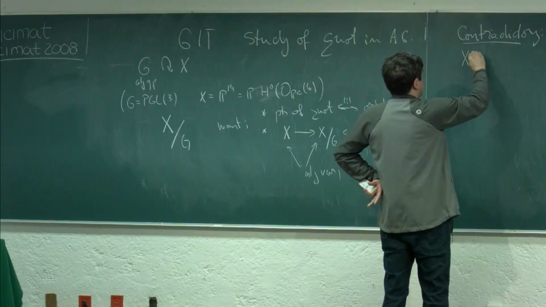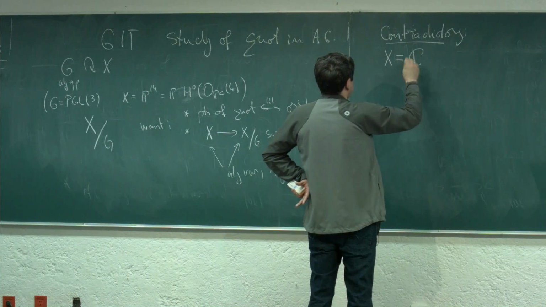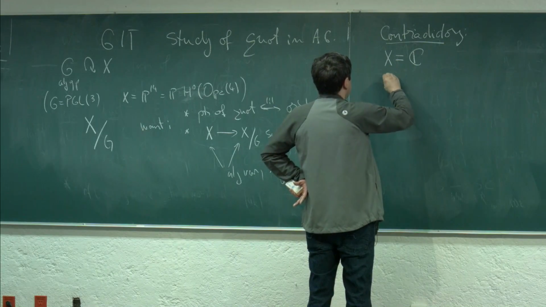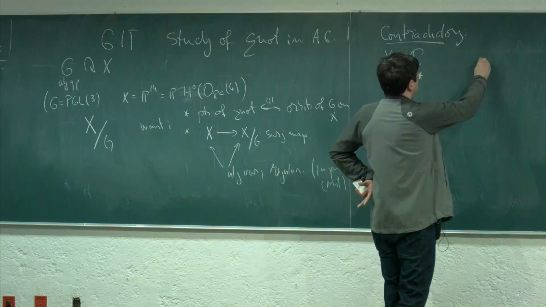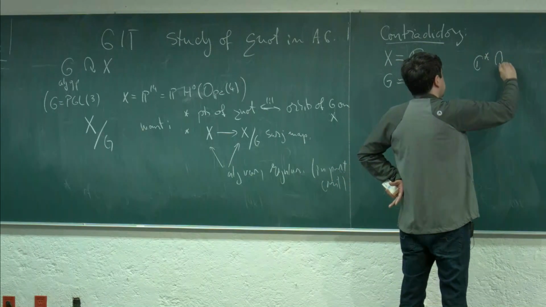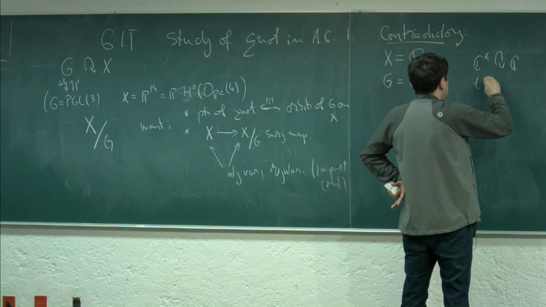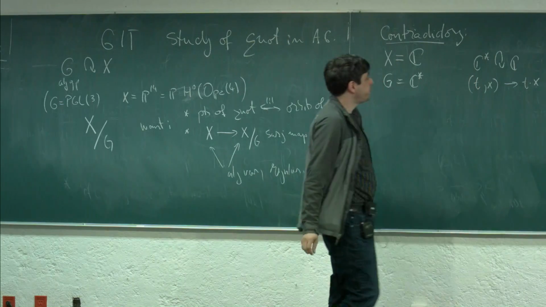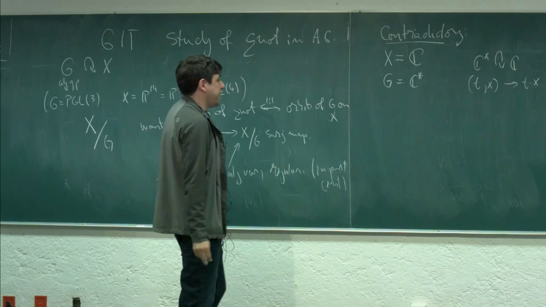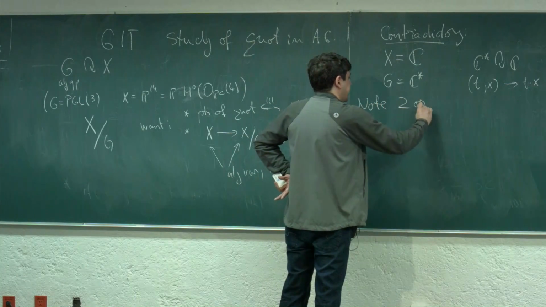The simplest possible example is the following. I'm taking X to be just C, the affine line, and G to be C star. The action of C star on C is simply multiplication: (t, x) goes to t times x. Here we note there are two orbits.